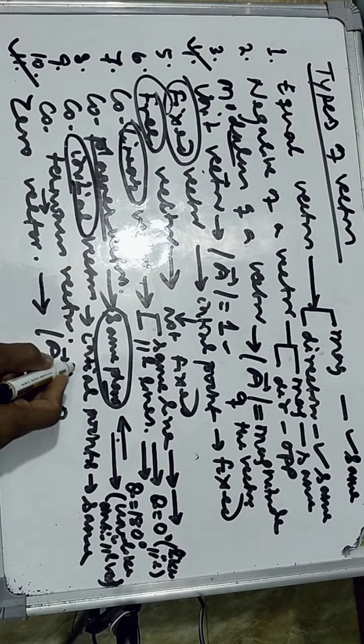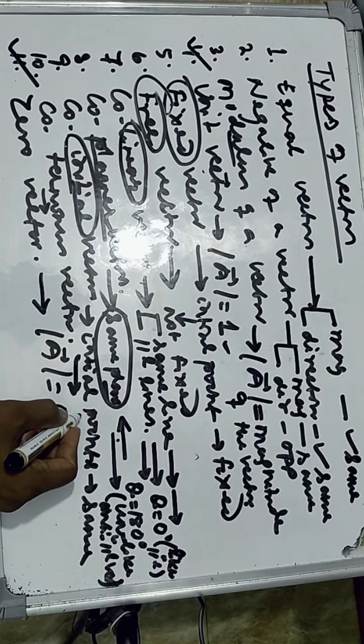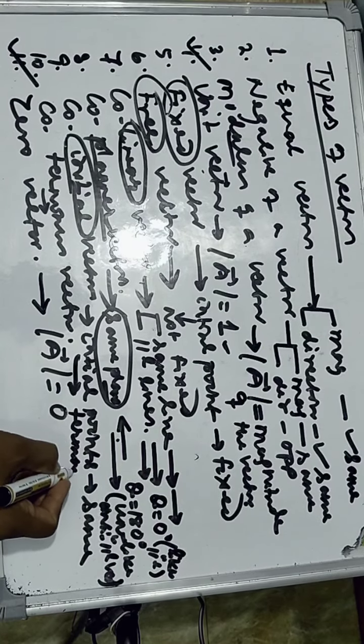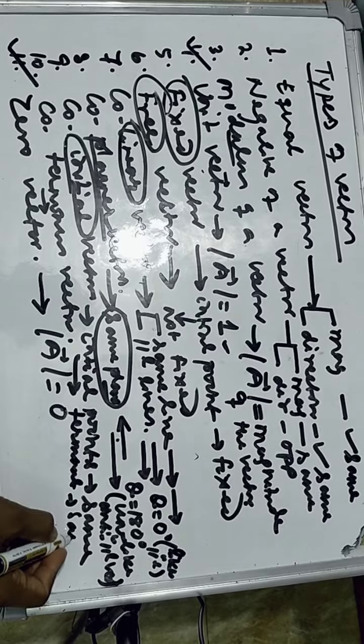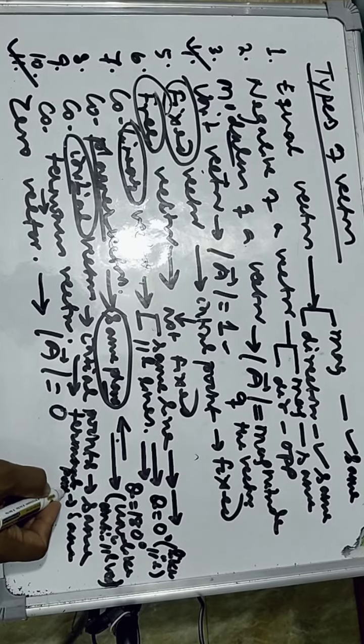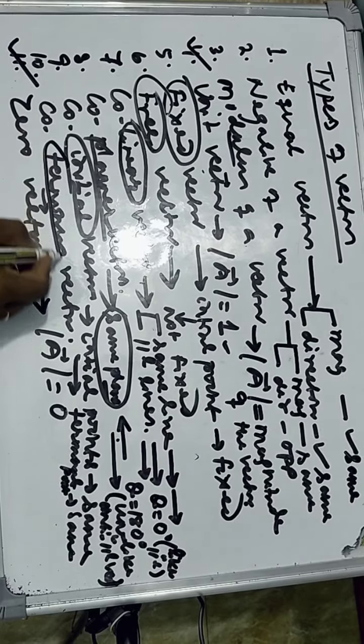If all the vectors terminate at the same point, it will be termed as coterminous vectors.